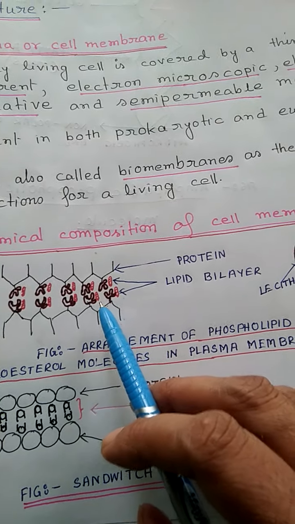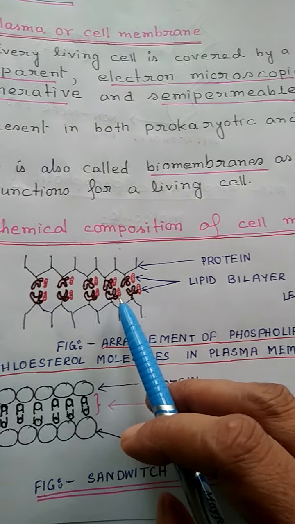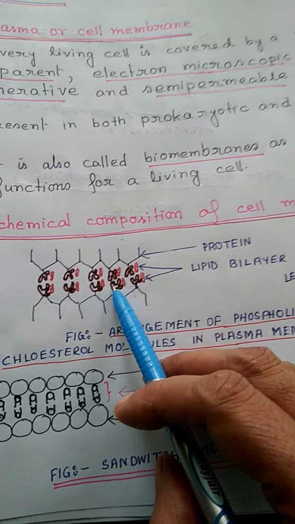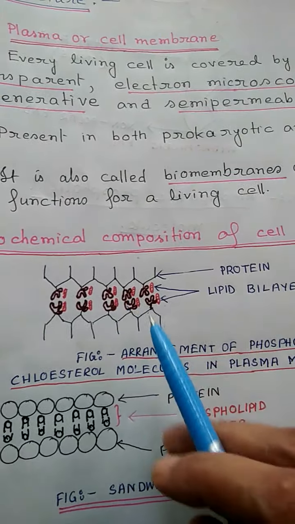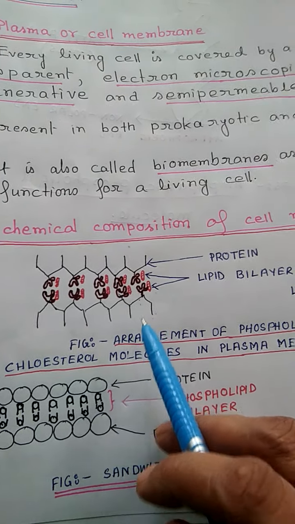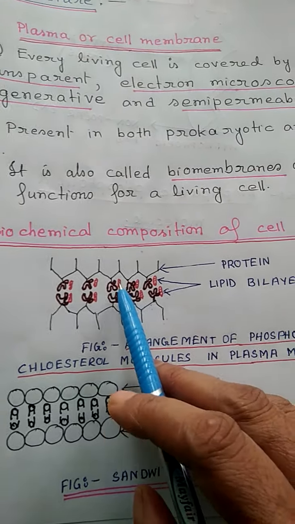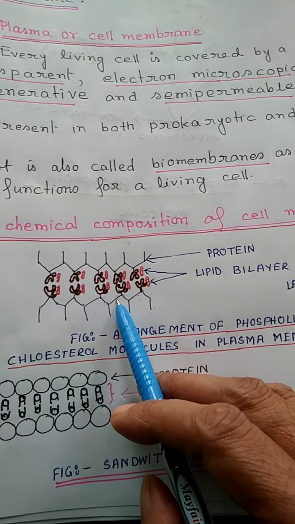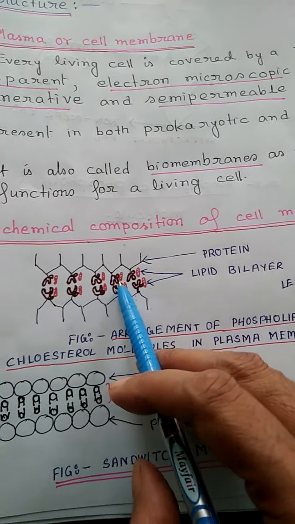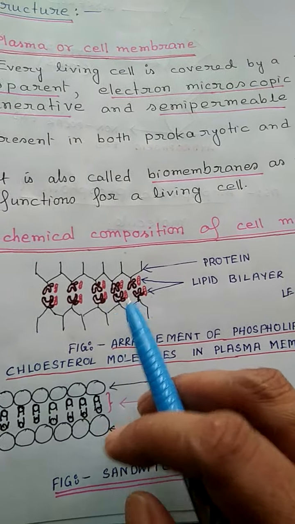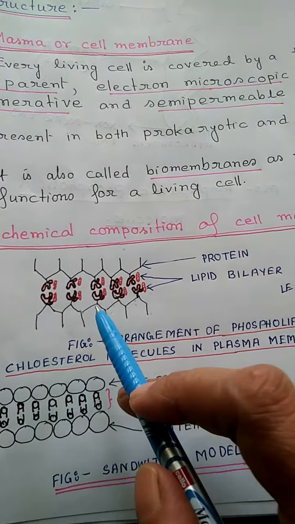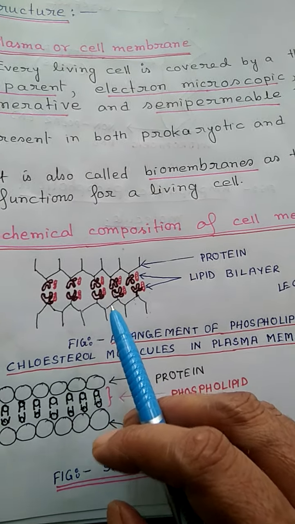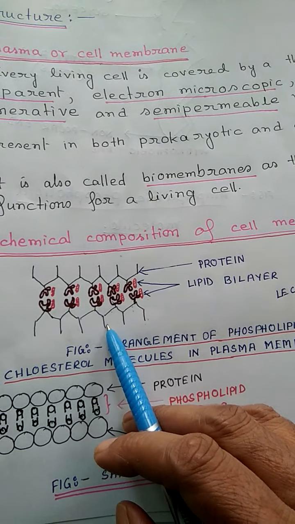This lipid is bipolar in nature, with two poles: one is the head part and another is the tail part, and this arrangement forms a water resistance barrier. Though it is amphipathic in nature, it allows the faster movement of fat soluble molecules.